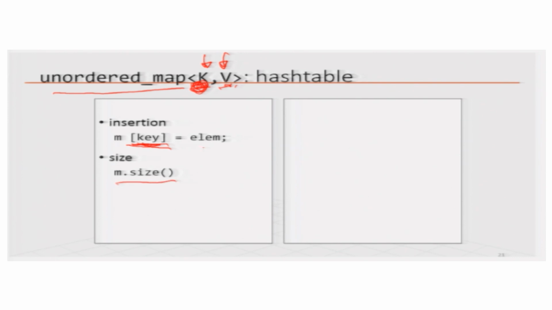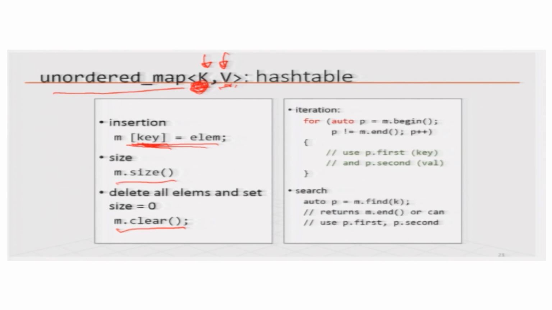So, here also again, to insert something, you just say what key and what element you are inserting. The size can be obtained by this call. You can clear the map or the table to reset it, and you can iterate through it. If you want to go from the first element of the table, the first row, all the way to the end, you have to do something like this, with a pointer that begins here.